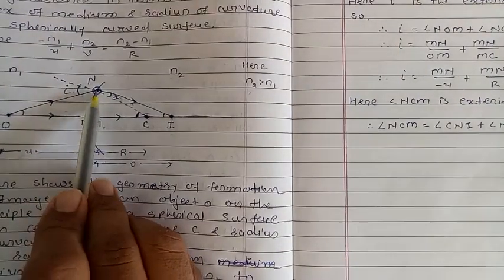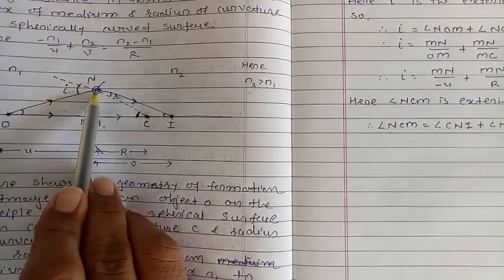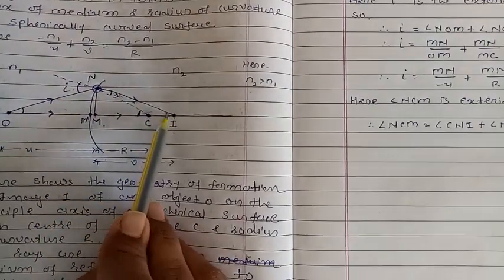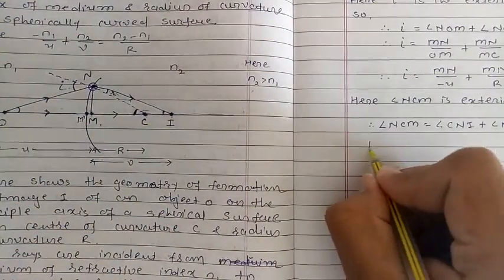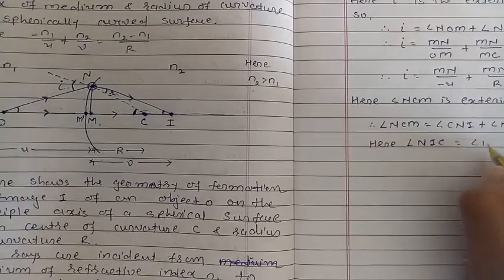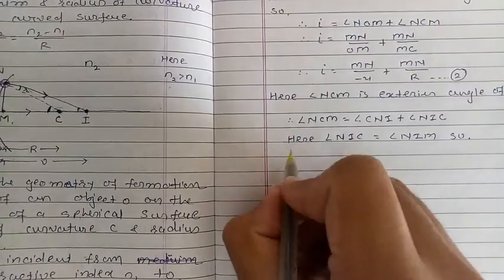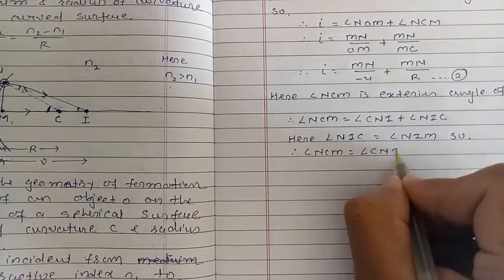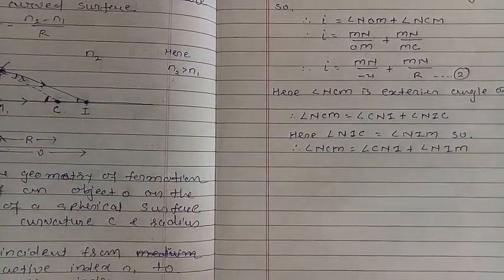Angle NIC, this angle, is equal to angle NIM. See, NIC, this angle, and NIM, this angle. So we can say that angle NIC is equal to angle NIM. So we can write that angle NCM is equal to angle CNI plus angle NIM.